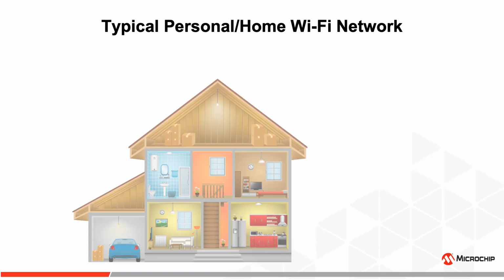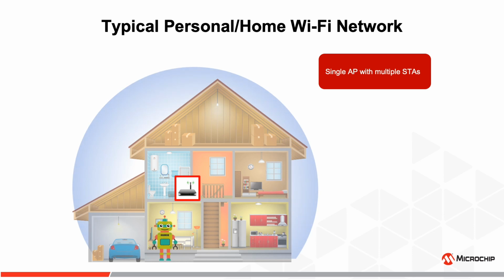All right, so let's start to differentiate what we mean by enterprise from what's a normal home scenario. Here I have an access point in the red box, and it's inside a home. This is a typical configuration for what many of us are familiar with. So there's a single access point, and there might be multiple stations throughout the house.